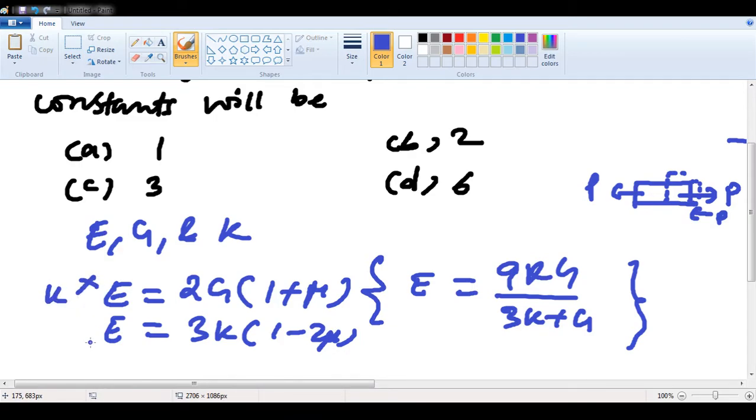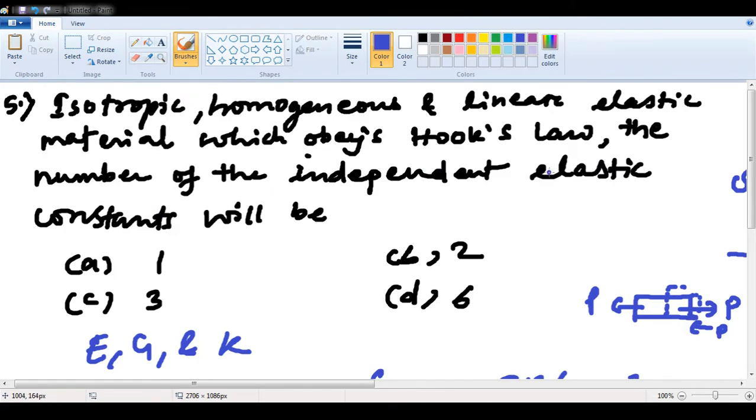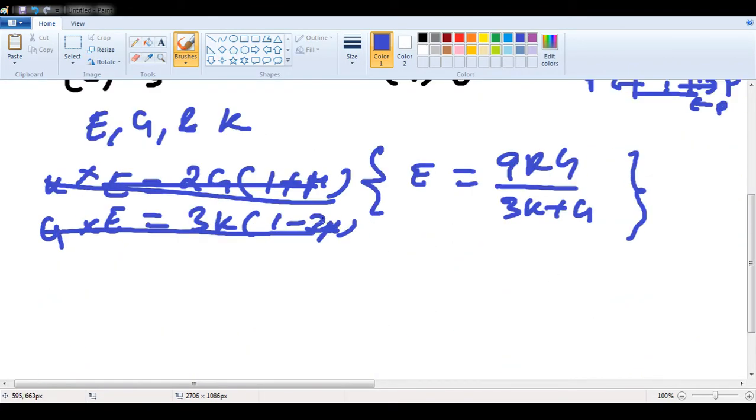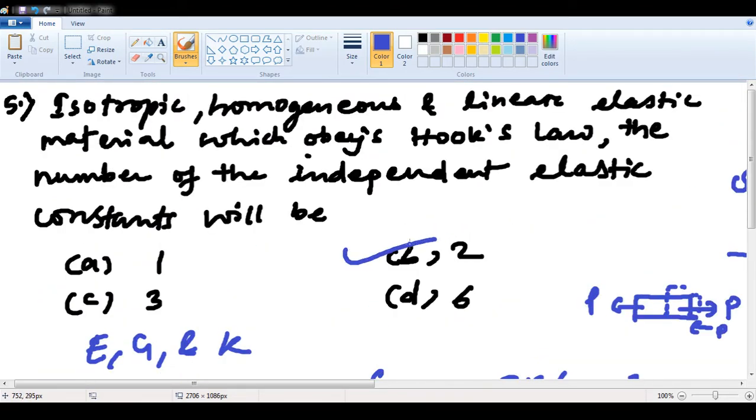Here K is missing, here G is missing, so we cannot use those. Here it is talking about the number of independent elastic constants. With respect to E, the other constants are K and G. So how many values? 2. So the answer for this will be 2. Clear? This is how we solve the question.